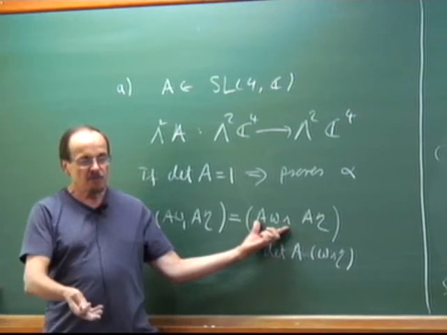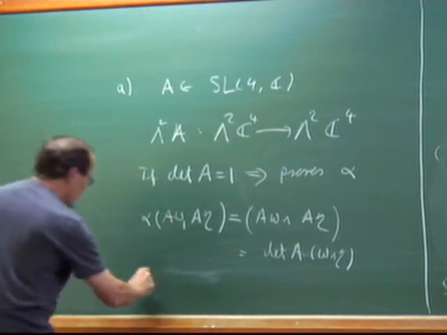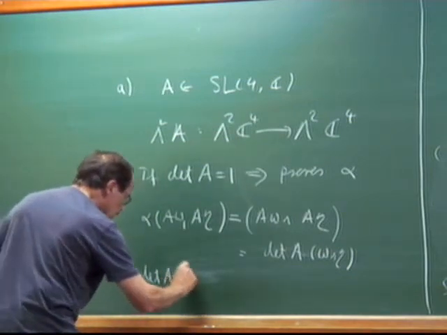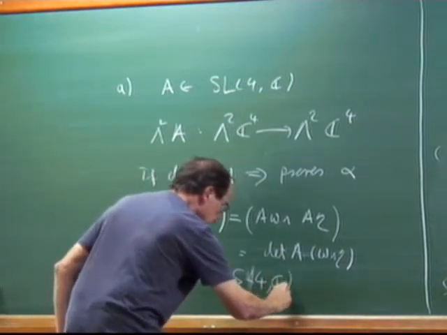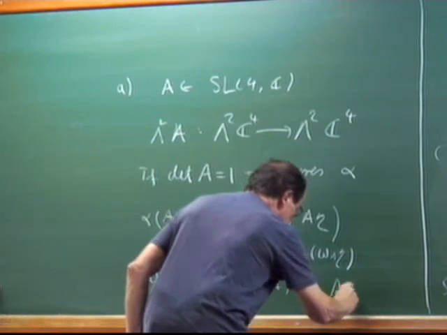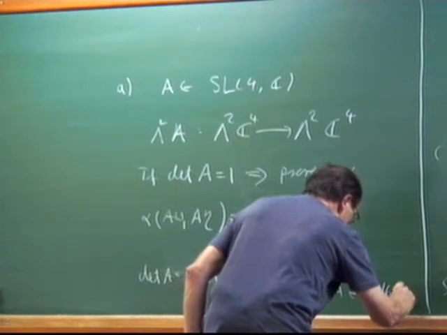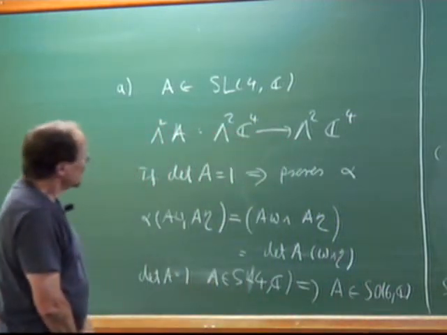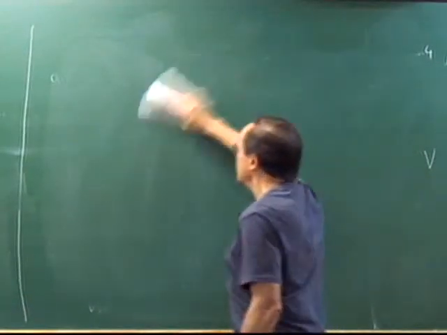If I have a linear map on 4 forms, it induces a determinant. So that means if the determinant of A is equal to 1, so if A lies in SL4C, this implies that lambda 2 A lies in SO6C. So that's my map from here to here. Let's call it pi. So pi takes A to lambda 2 A.